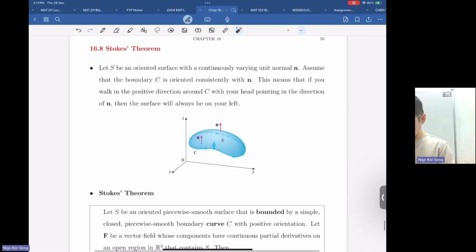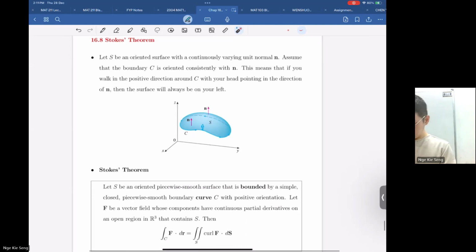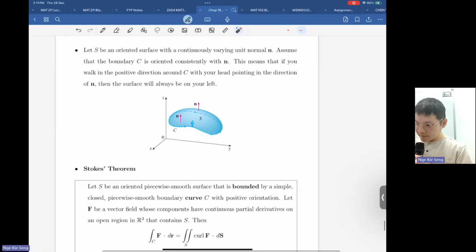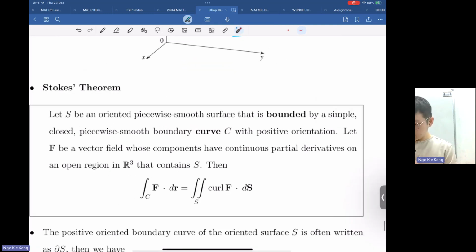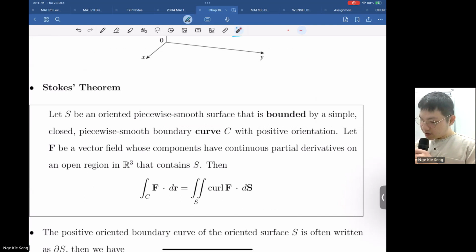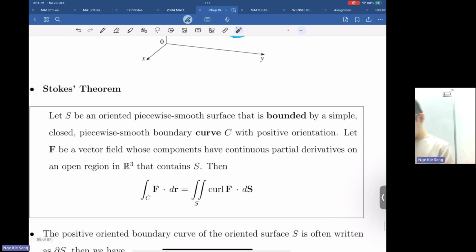So what's Stoke's theorem here? Let X be an oriented piecewise smooth surface that is bounded by a single closed, piecewise smooth boundary curve C with a positive orientation.